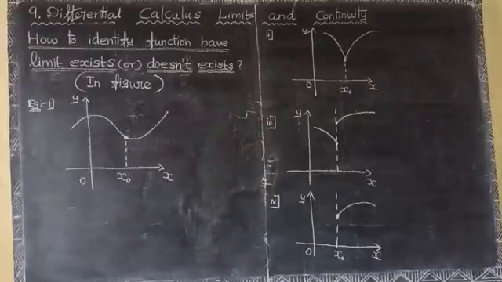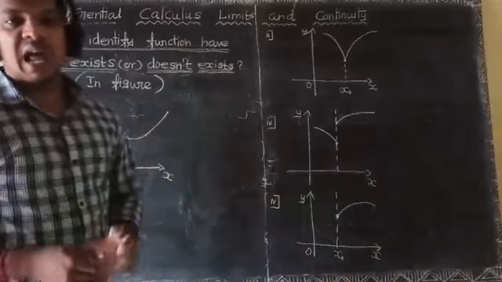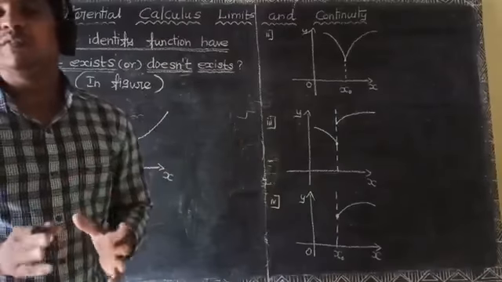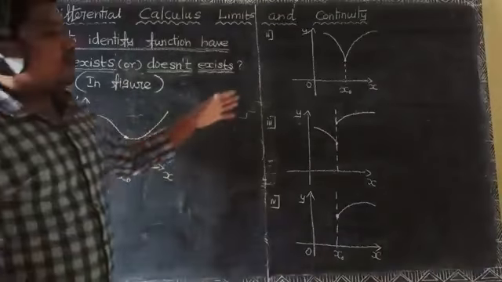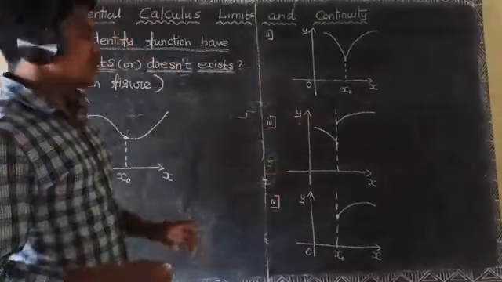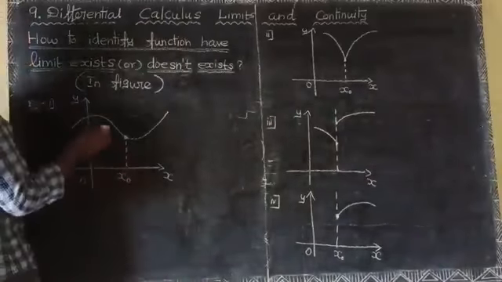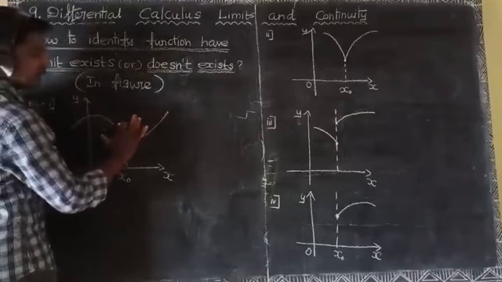Now, how to identify using a figure whether the given function has a limit or not. For example, we take four types of figures. In the first one, in two dimensions, with x axis and y axis, this is the given curve f of x.